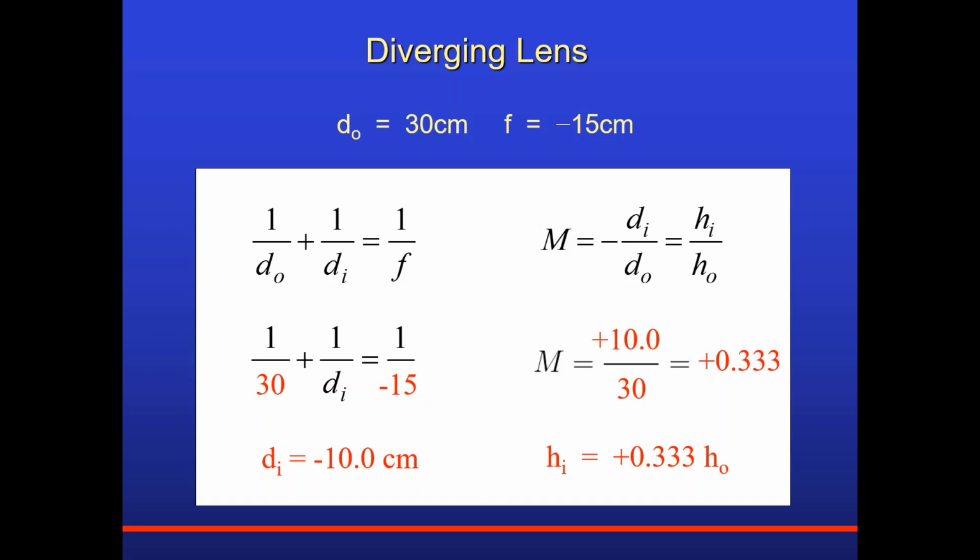Now you look at that, you say, okay, we worked a problem. We solved for di, we solved for hi, but what good or how useful would a lens be that makes things with a smaller image? You can see earlier I did a case where I said this would be a magnifying glass, larger image.